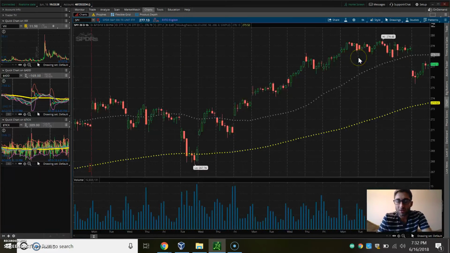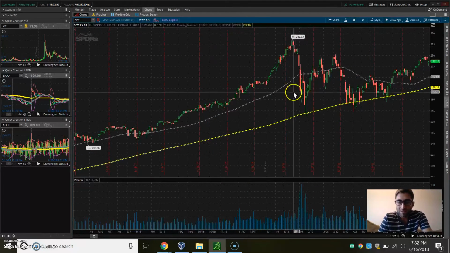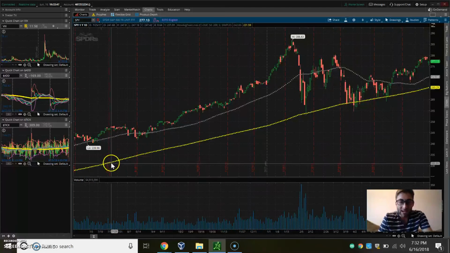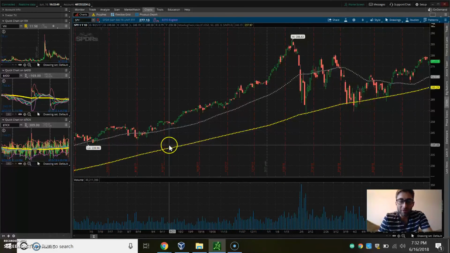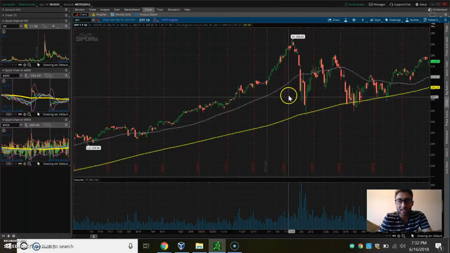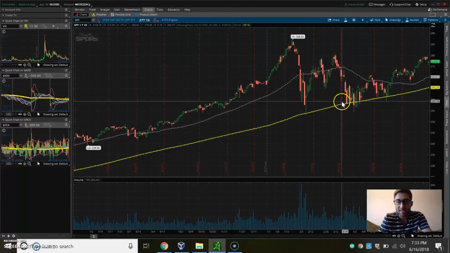Let's check out just some other charts, just so we can kind of figure out some other scenarios. This is the 1 day. The averages have been so far apart for many, many months. And then during the tax cut, they got insanely far compared to the previous months. And that sell-off allowed us to close these averages together.